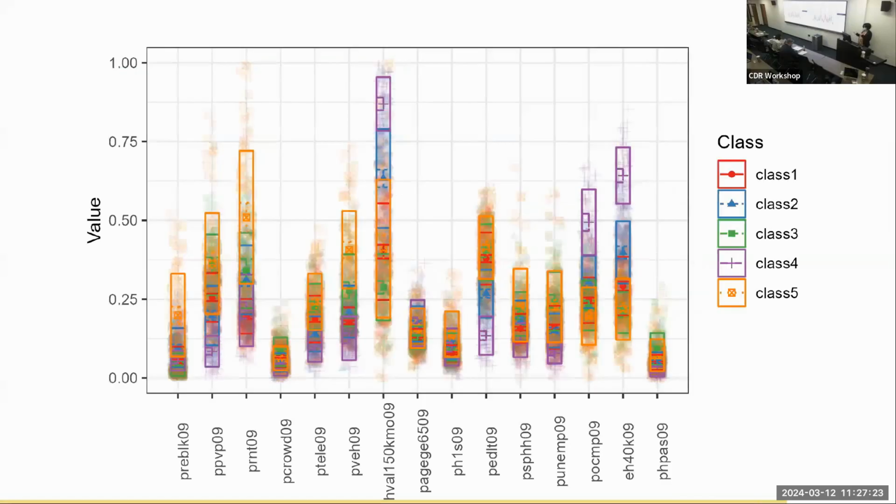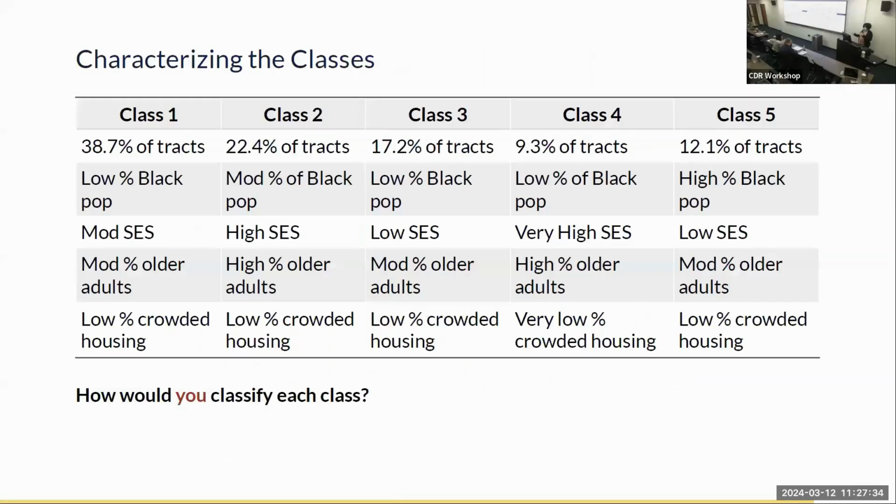You could also get these in a nice pictorial or visual form, and they could tell you where these different classes map onto these individual variables. And so that readers can better understand, you can also put it in a table, right? Like you have your different classes, how many tracts fall under each of those classes, or at least the percent of tracts that fall under these classes. And they give some characteristic information about what makes up your classes, right?